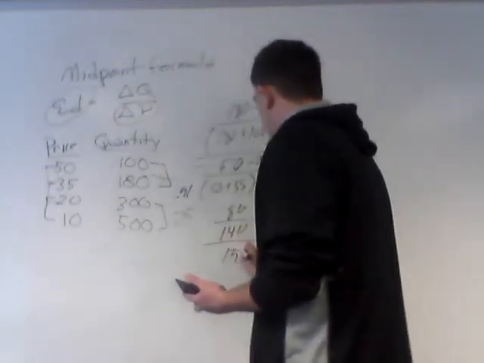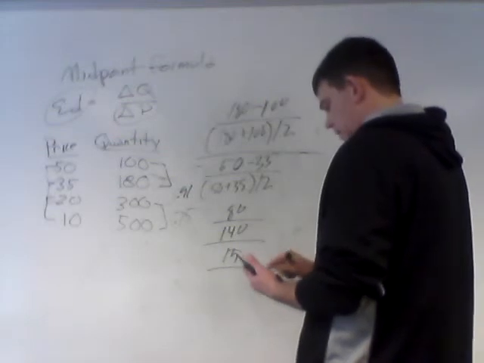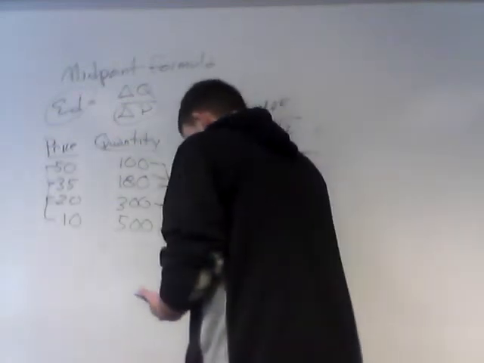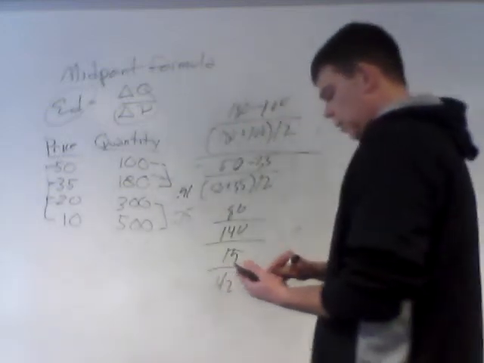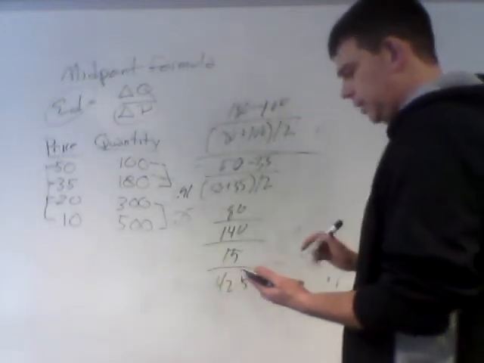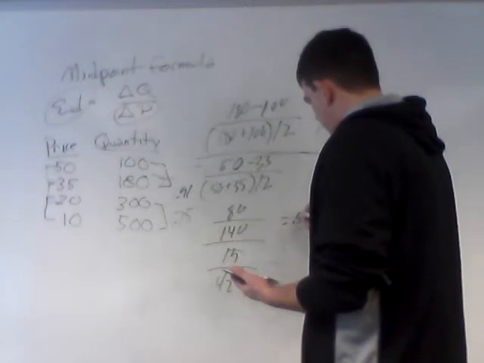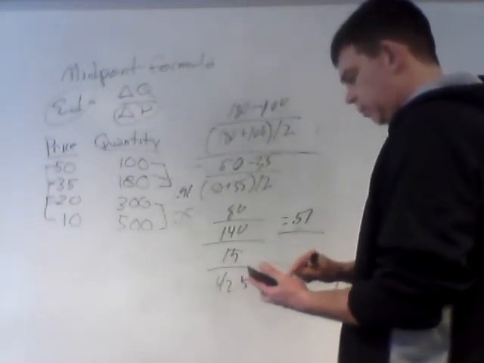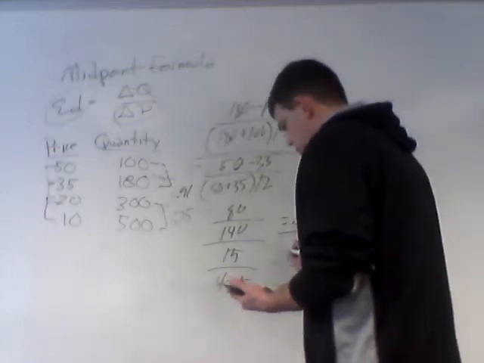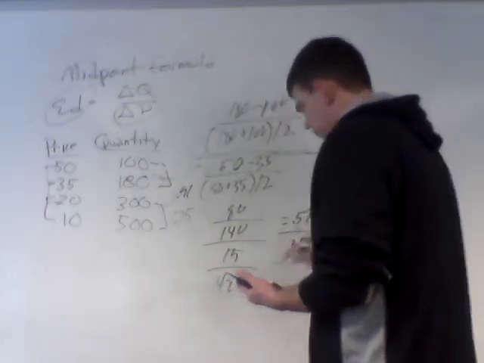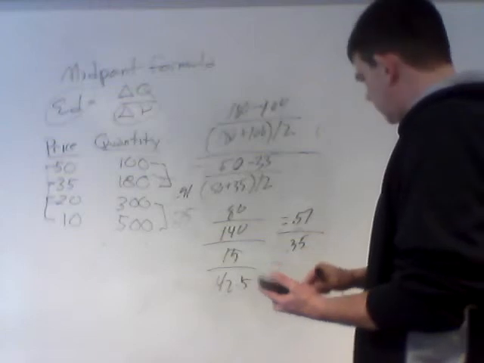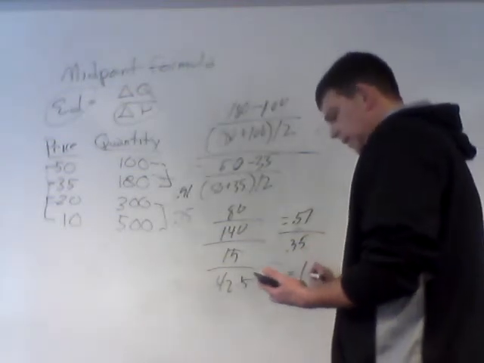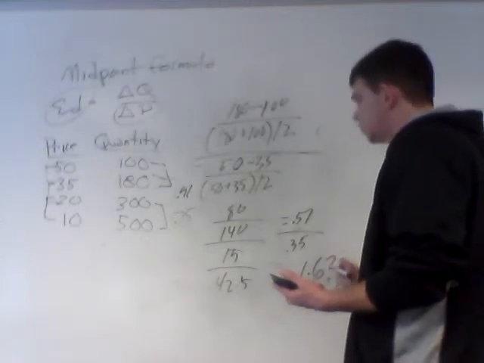All over 15 divided by, let's see, that's going to be 85 divided by 2, which is 42.5. So, 80 divided by 140 equals 0.57, right? And then 15 divided by 42.5 equals 0.35, roughly. So now I got 0.57 divided by 0.35, and here I get an elasticity of 1.63.